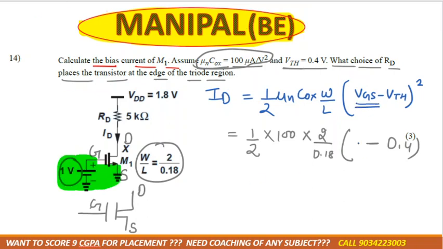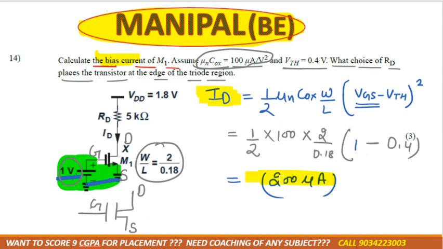So basically VGS is how much? 1 volt. Okay. Look here, if the source is grounded, then the gate to source voltage is how much? 1 volt. Correct? So if we solve it, then we'll get 200 microampere. So now from here we get the bias current, that is 200 microampere. Understood?